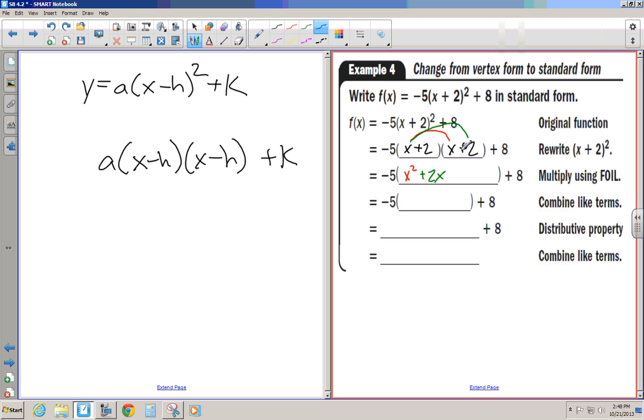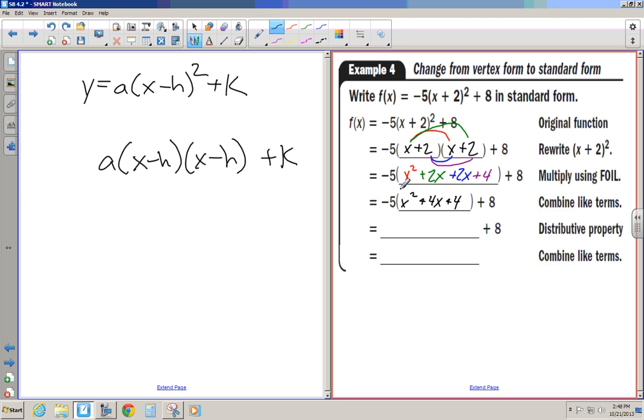And now we did the first, the outside. Now the inside numbers. And then the outside numbers. All right, that's FOIL. When you combine the like terms, you get that.